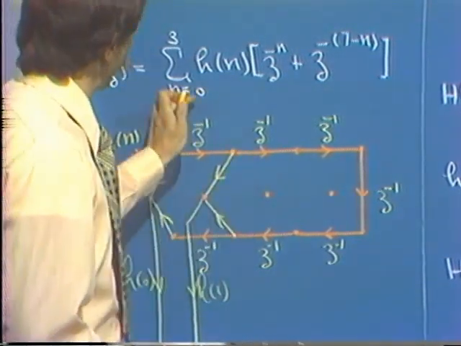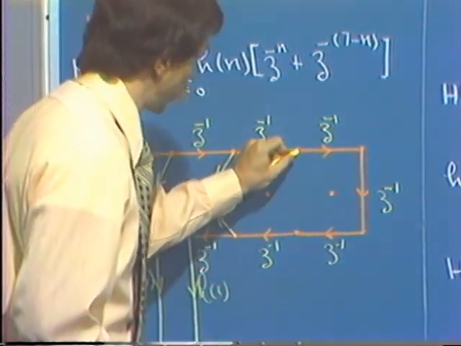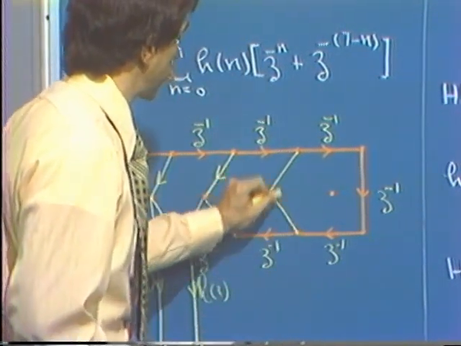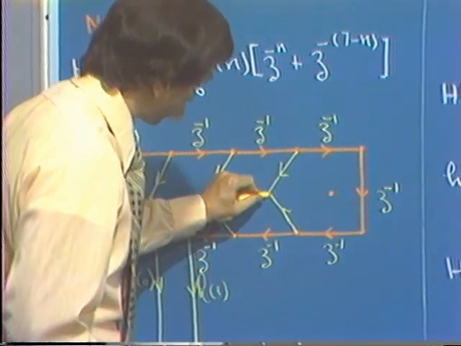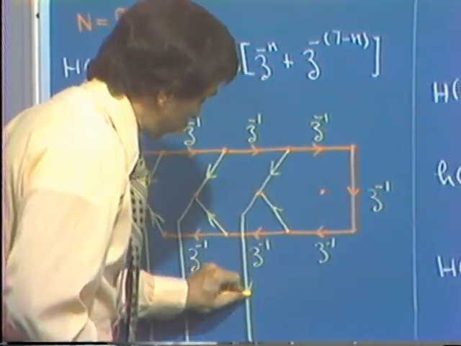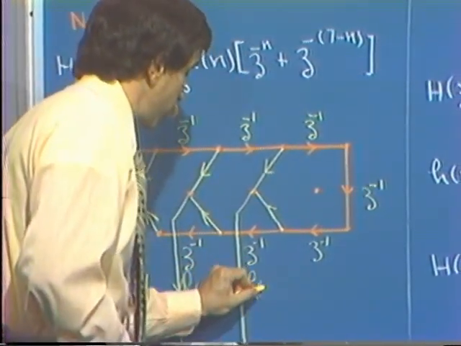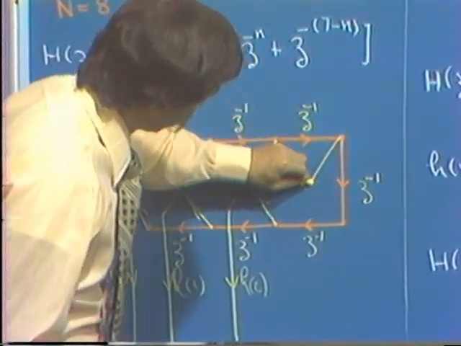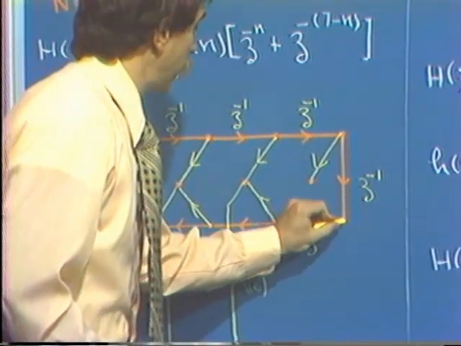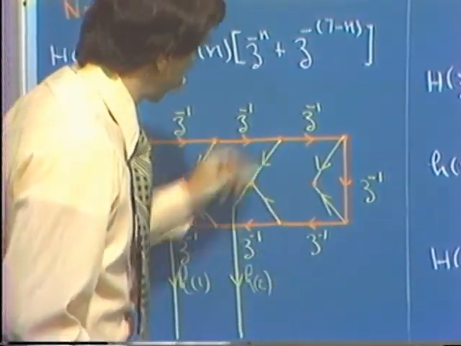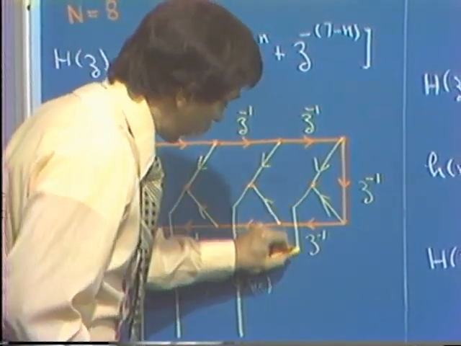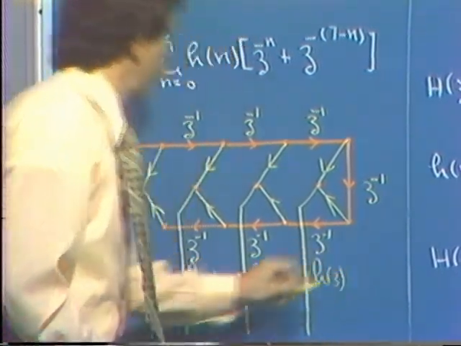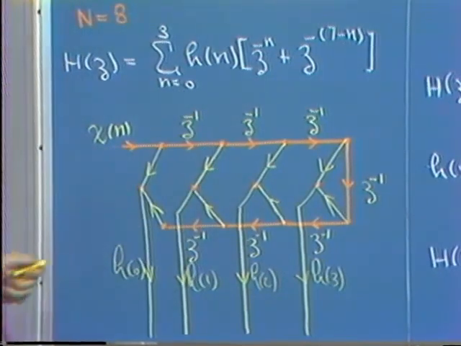And if we go through the remaining terms in the sum, we have the output from the 2nd delay and the output from the 5th delay added together. That multiplied by h of 2, the output from the 3rd delay and the output from the 4th delay added together, and that multiplied by h of 3. That forms the individual terms in this sum.